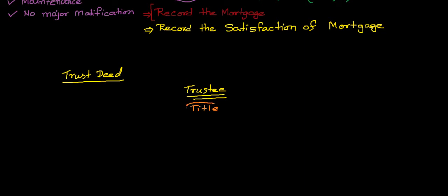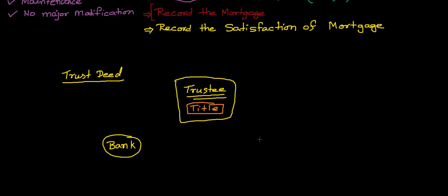The bank continues to get the monthly payment from the borrower, in this case Joe. So Joe continues to pay, satisfying the terms of the mortgage and the note.